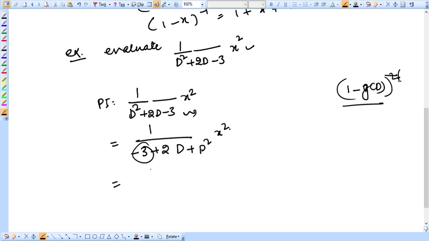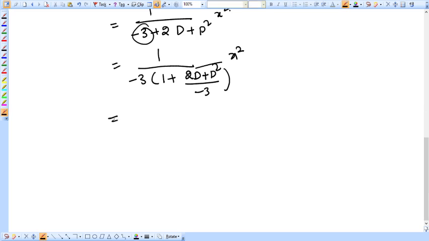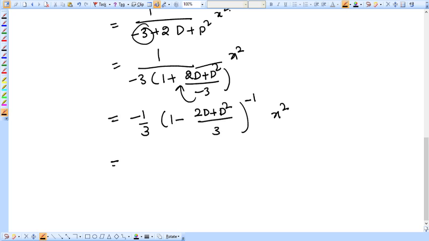Now take minus 3 common, so that we have 1 in place of the first term: minus 3 outside, 1 plus 2D plus D square divided by minus 3, x square. It can be written as minus 1 by 3, 1 minus 2D plus D square divided by 3, whole to the power minus 1, x square. The negative sign has been taken into the power. Now apply the binomial theorem here.